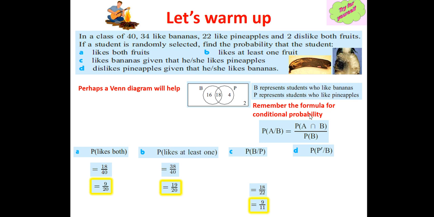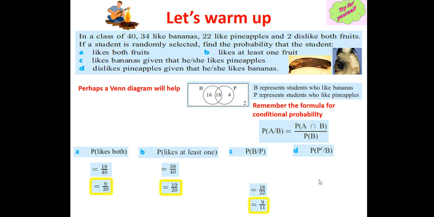So 16 over 40 is the numerator. The denominator must be likes bananas. So likes bananas is 34 over 40. So you would want to write 16 over 40 divided by 34 over 40. And remember, dividing fractions is like multiplying, keep, change, flip. So it'll be 16 over 40 times 40 over 34.